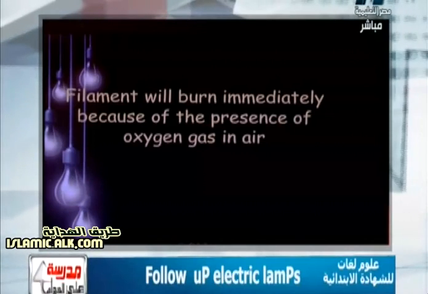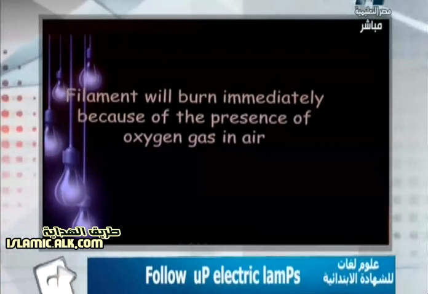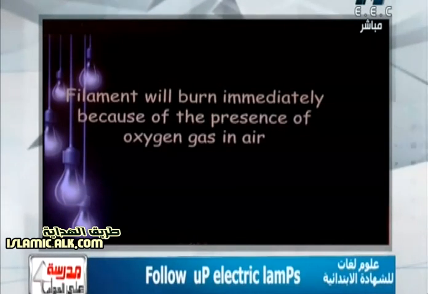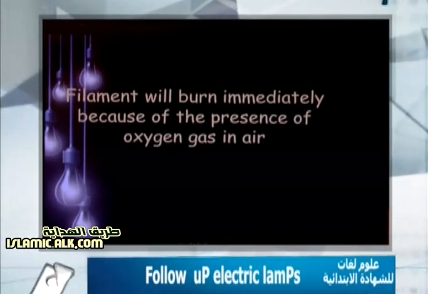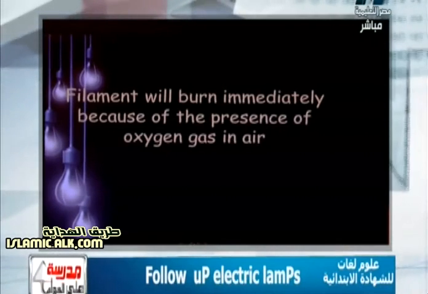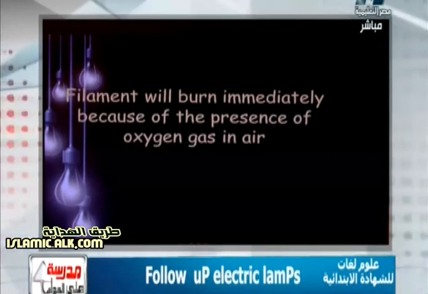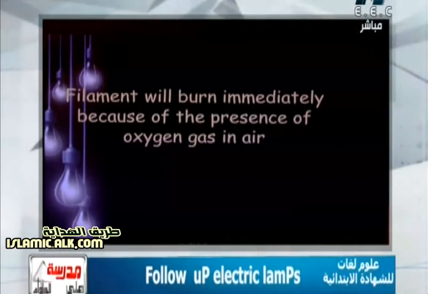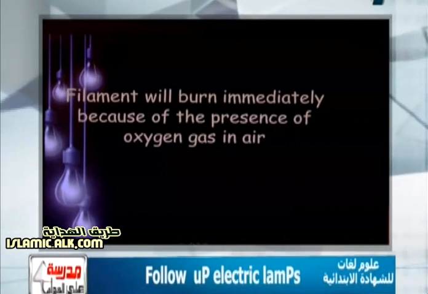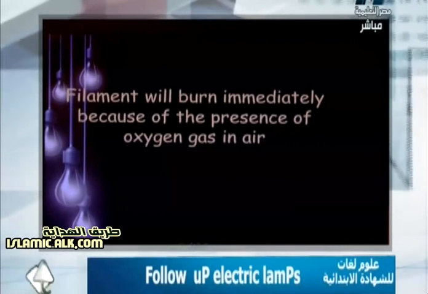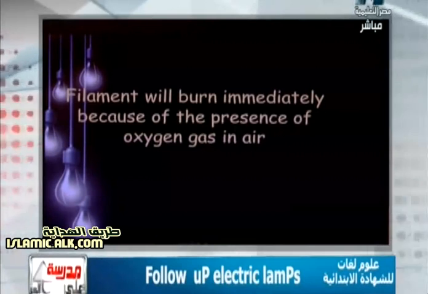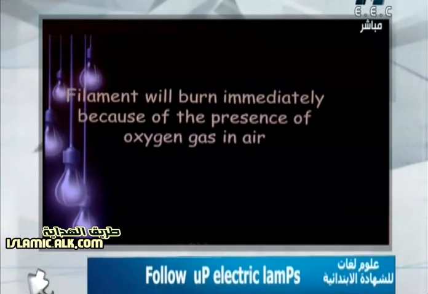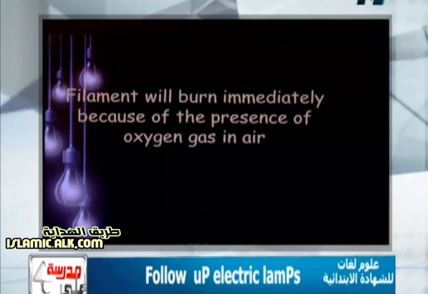So the function of the glass bulb is to prevent air from reaching the filament and also increase the lifetime of the lamp. So there must be a thin glass bulb around the filament made of tungsten, as I said, more and more.